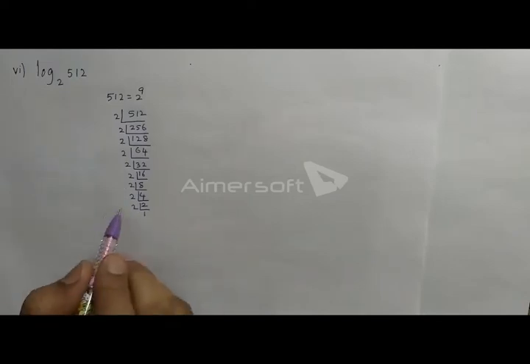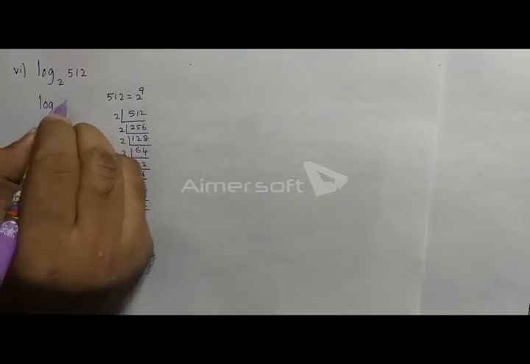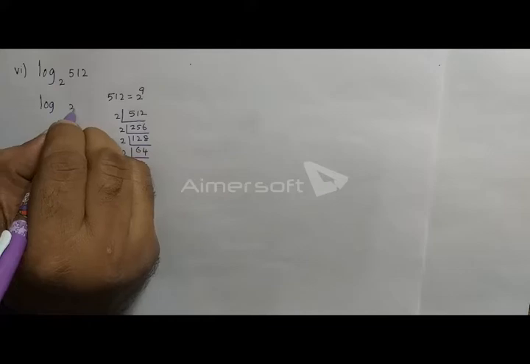We have got 9 twos, so we can write 2 power 9. Okay, log, instead of 512 we have to write 2 power 9.